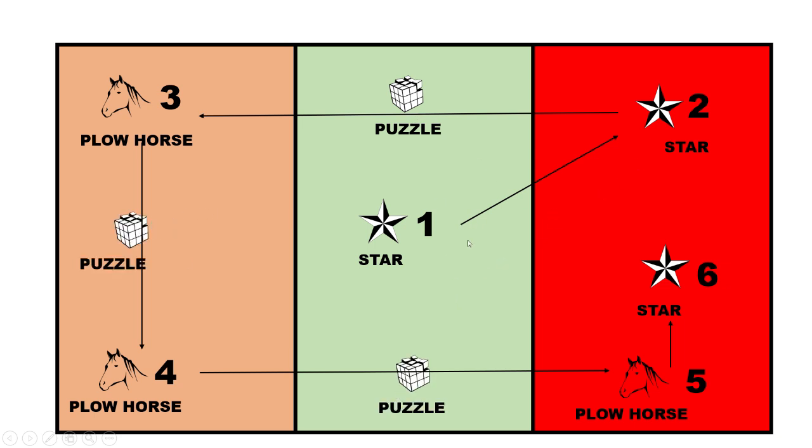That means while looking at the menu, from star to star, then from star to plow horse, in between, whenever we go through, we might select some products which are puzzle in category. So this is the ideal place for the puzzle, either here in between, here in between, or here in between. Then puzzle is also sorted.